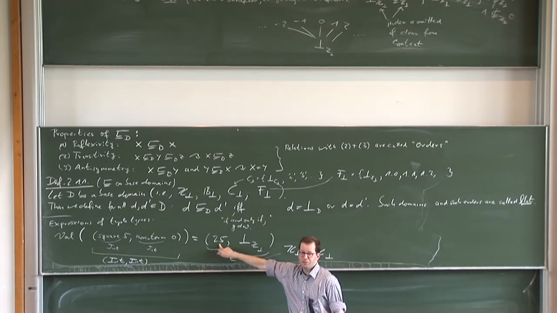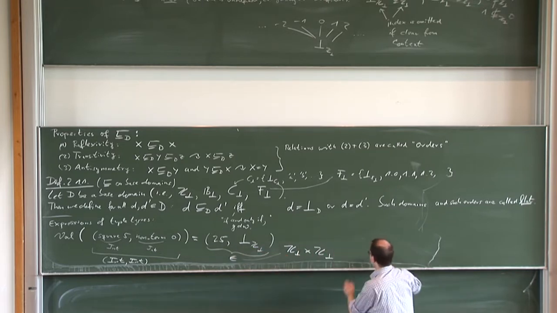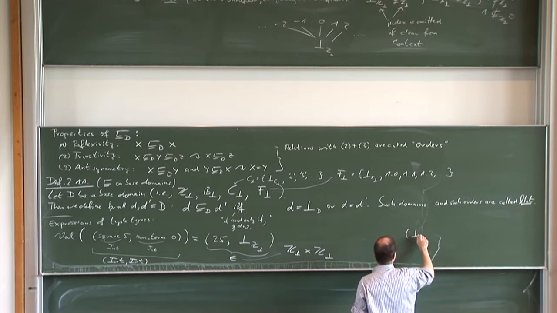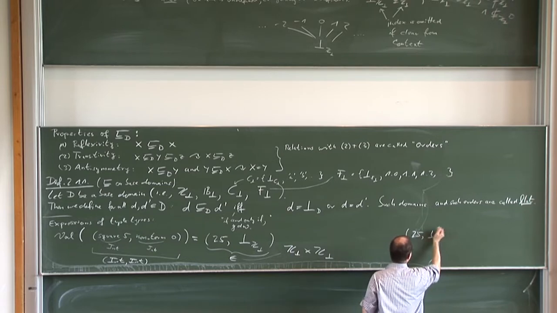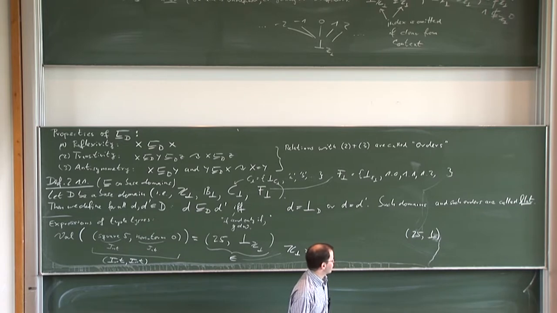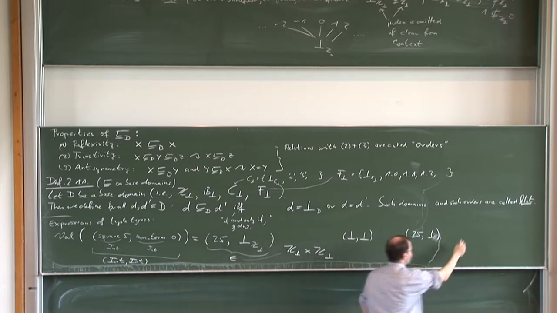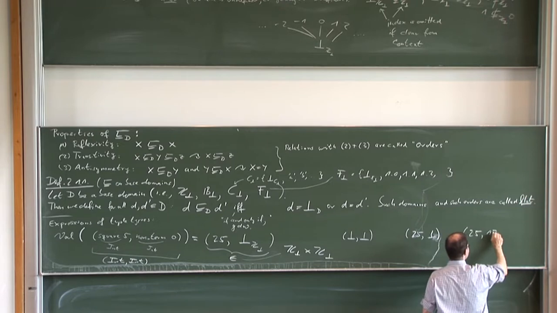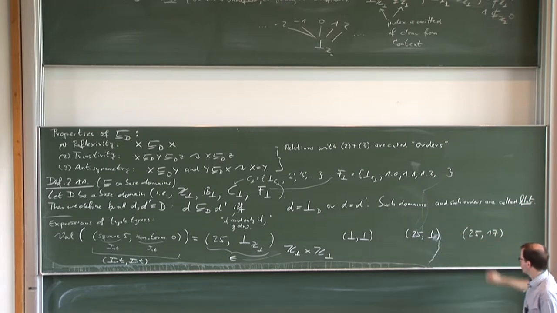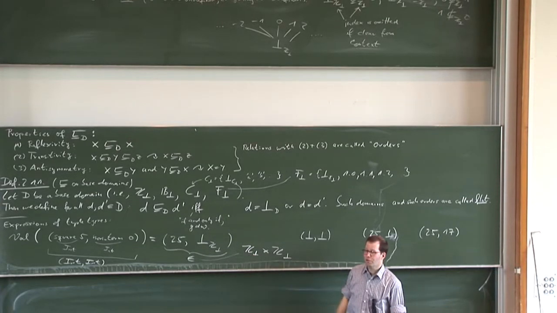The first component is defined, the second one is not defined. Now, obviously, you might have things like 25 and, as I said, I omit the subscript when it's clear from the context. So this is an element of this set. Obviously, this is also an element of this set, and 25, 17 is also an element of this set. So these are all elements of the set z bottom cross z bottom.